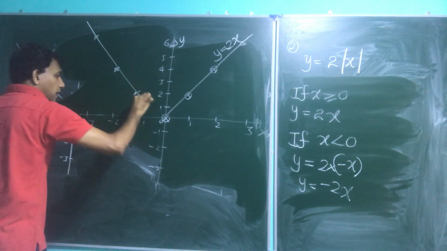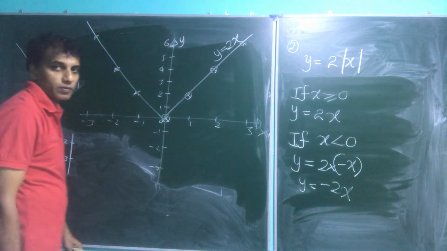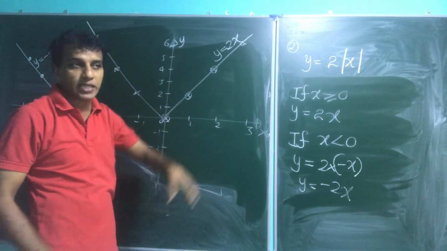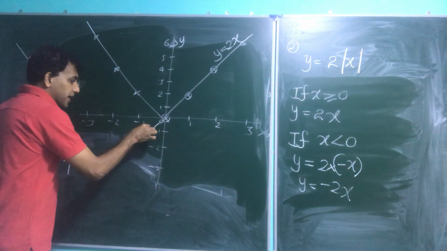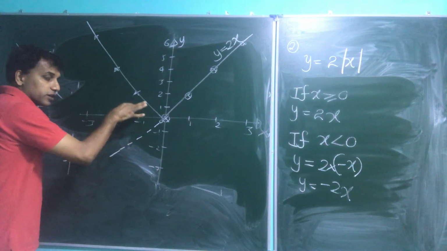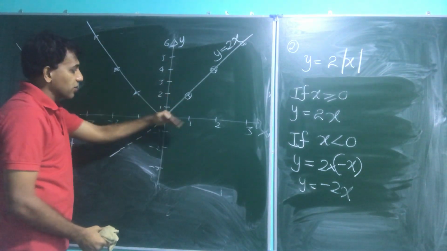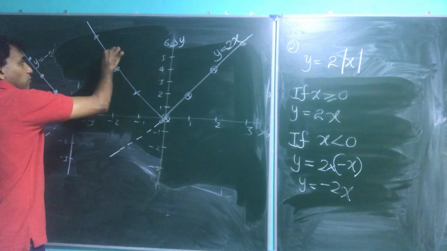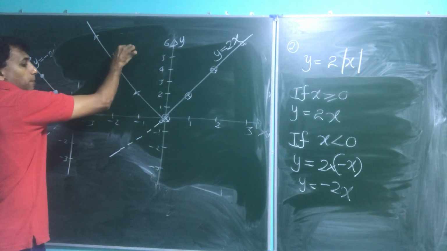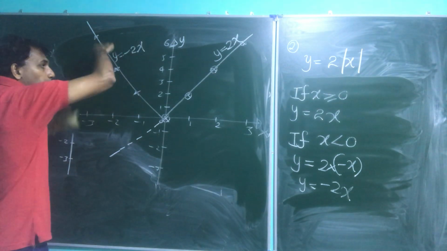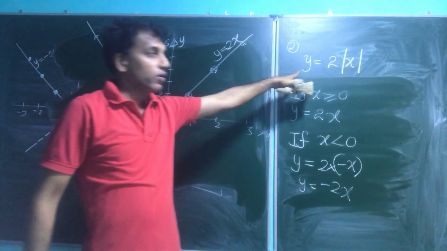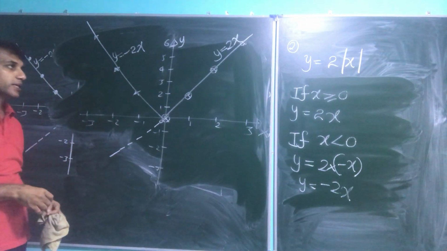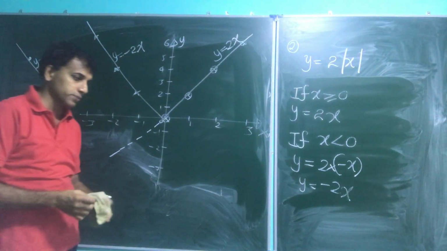Same method as the previous question. If actually there's no modulus symbol, the graph goes like this, but here no graph is shown below. It's a reflection, right? This is for y equals 2x, this is for y equals minus 2x, the combined graph for the given 2 times modulus x, right? So very clear. This is my second diagram, second question.